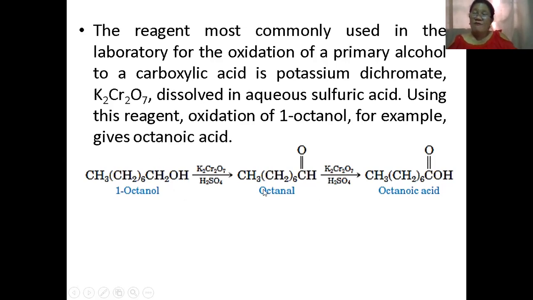Further oxidizing it, what will happen? You will add an oxygen. This is an oxidation reaction, meaning oxygen is involved. The OH will lose its hydrogen, which is taken out as a water molecule.